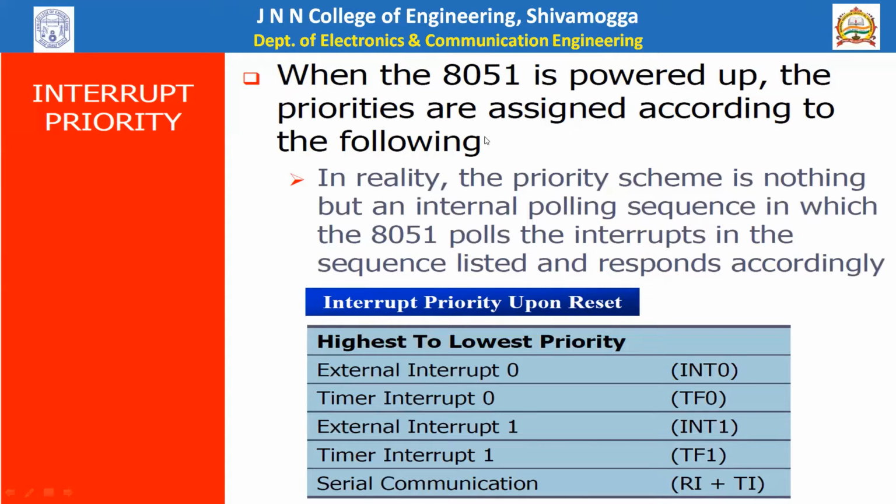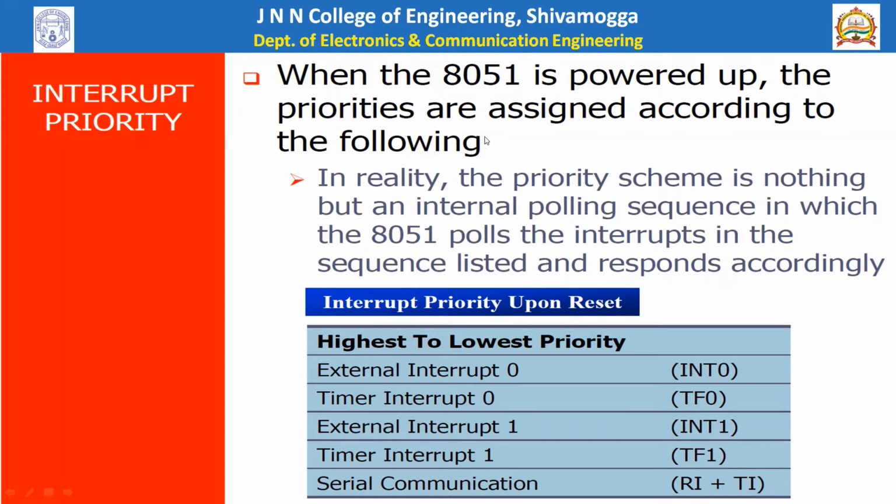So in reality, the priority scheme is nothing but an internal polling sequence in which 8051 polls the interrupts in the sequence listed and responds accordingly. There is an interrupt priority register, IP.